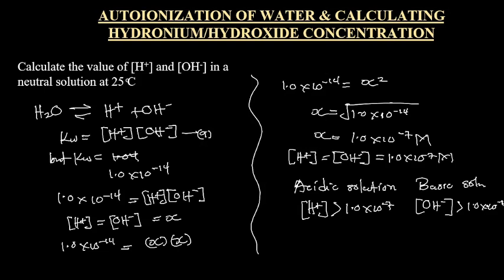Okay, so what does that mean? Well, if we have H plus concentration equal to OH minus concentration, then that solution is what? Neutral. If we have H plus concentration greater than OH minus concentration, then we say that that solution is going to be acidic.